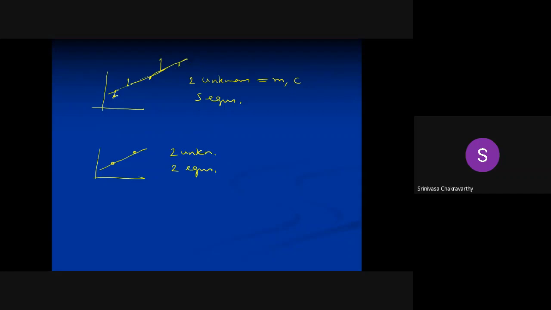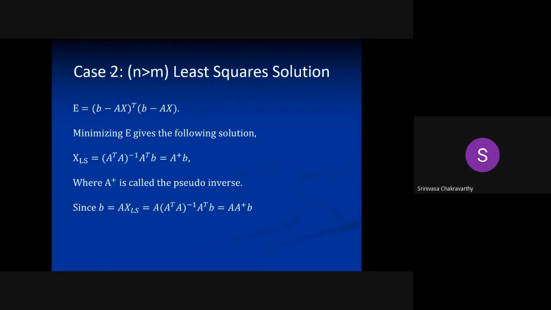So instead of solving Ax equal to b, consider the error Ax minus b and try to minimize that squared error. That way I'll find the values m and c, the 2 unknowns, which minimize this cost function, norm of Ax minus b whole square. So that's what we are doing here.